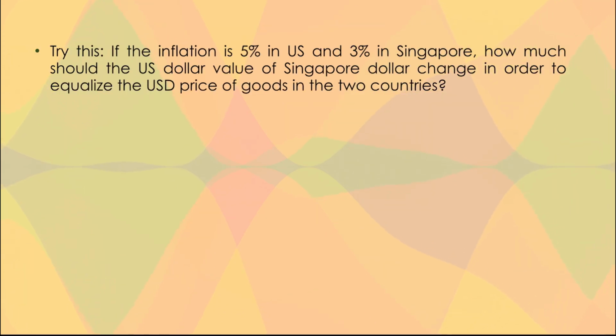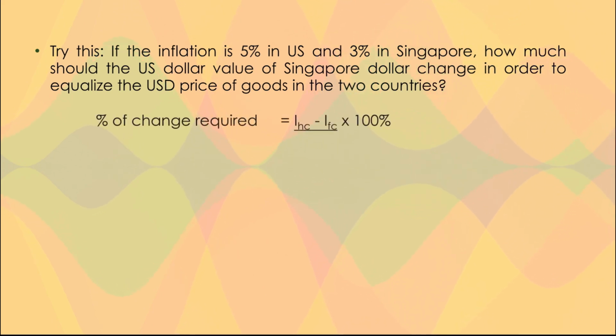Let's try this. If the inflation is 5% in the US and 3% in Singapore, how much should the US dollar value of the Singapore dollar change in order to equalize the USD price of goods in the two countries? Let's substitute all the information into the formula.